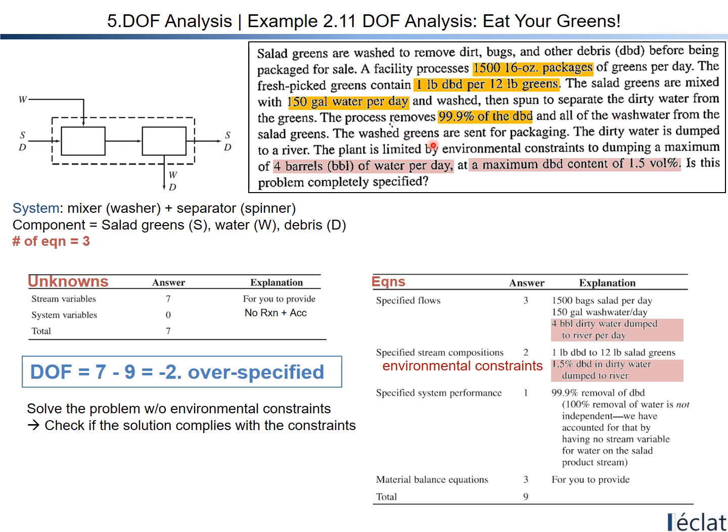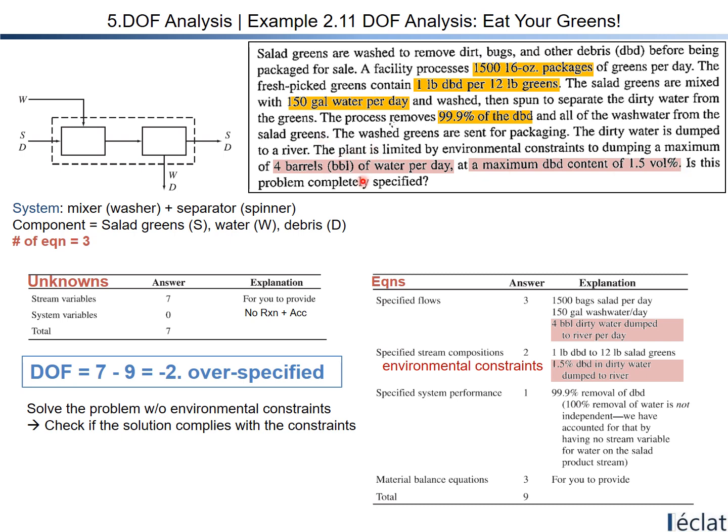The washed greens are sent for packaging. The dirty water is dumped to a river. The plant is limited by environmental constraints to dumping a maximum of 4 barrels of water per day at a maximum debris content of 1.5 volume percent.